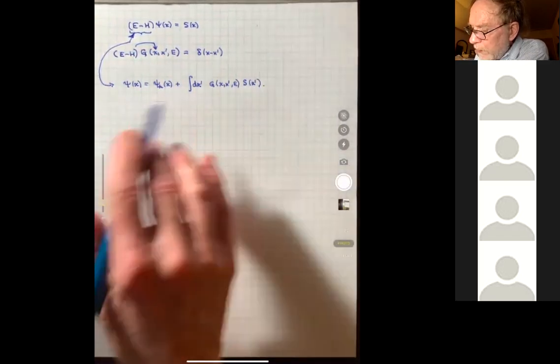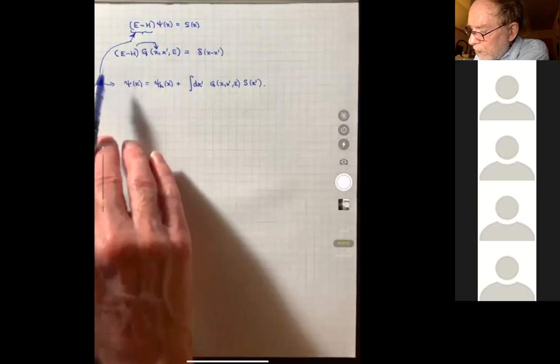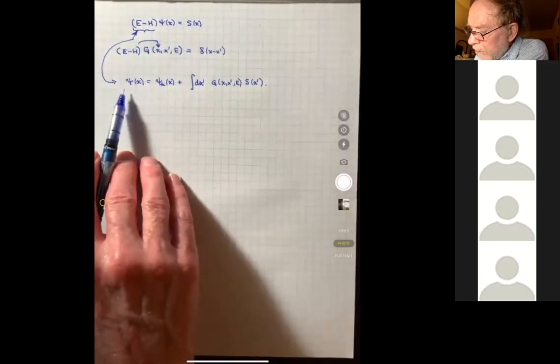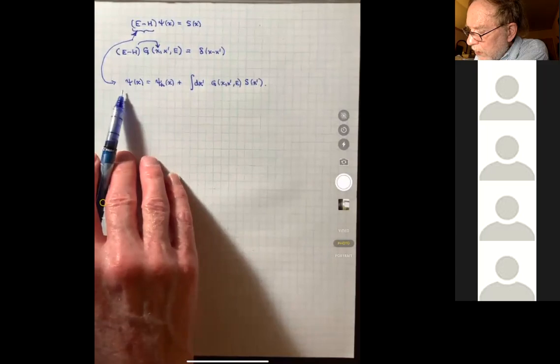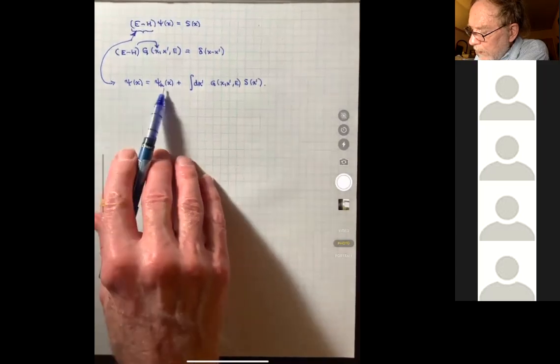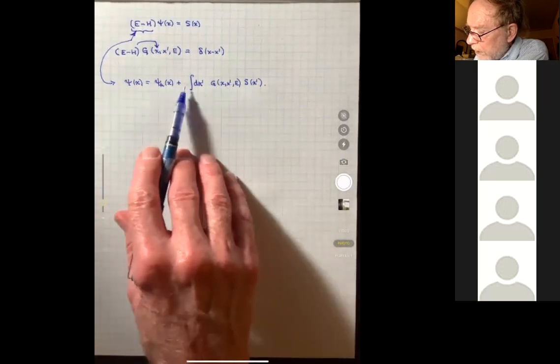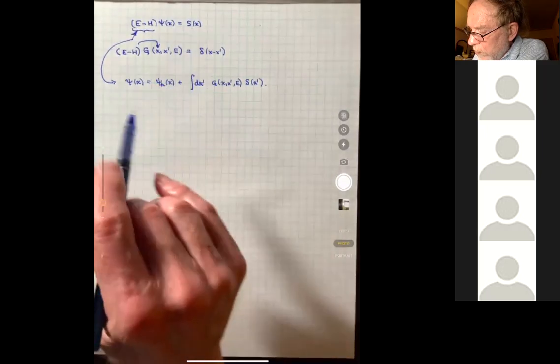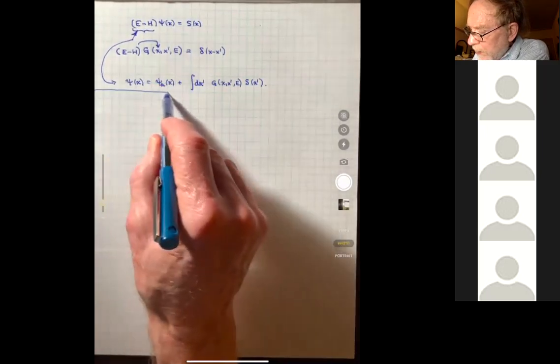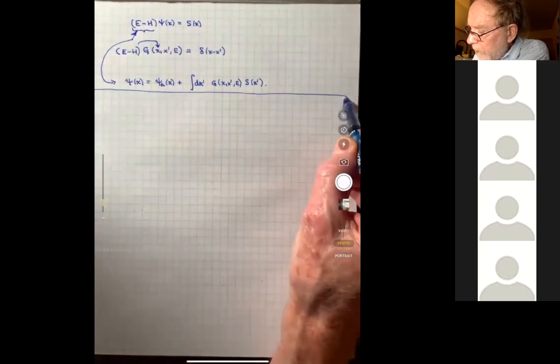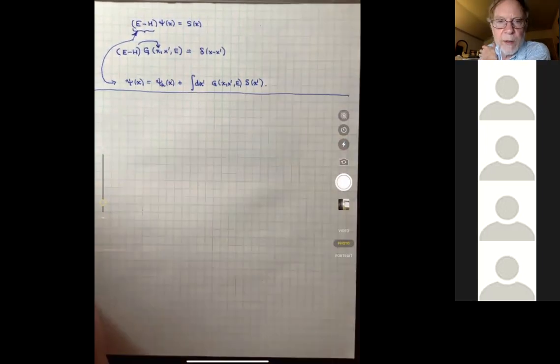This is demonstrated in the same way. We apply the operator E - H to both sides. On the left-hand side, we get (E - H) acting on psi. The homogeneous solution is annihilated. The E - H, bringing in the integral sign, turns this into a delta function, allows us to do the integral, and we get the source term. So this is standard Green's function stuff, but now for the energy-dependent Schrodinger equation.